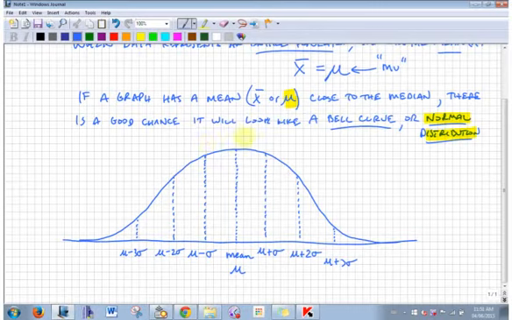This first line here and that first line there on either side of mu, if this is a standard deviation, if this is a normal distribution, 68% of all the data is contained within that little space.